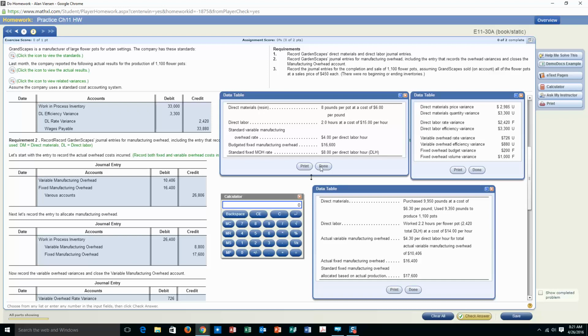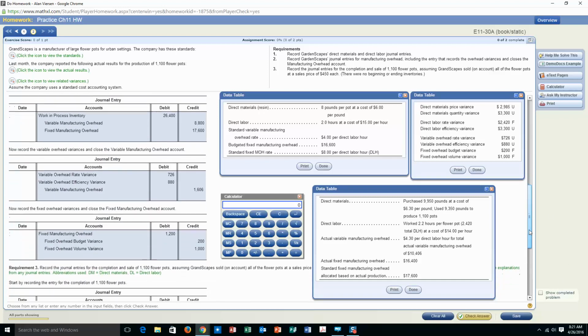So that's 1,100 times 2 times $4. That's 8,800. And for fixed, it's again 1,100 pots times the 2 hours times the $8. So this is the 17,600. So that's your allocated overhead.